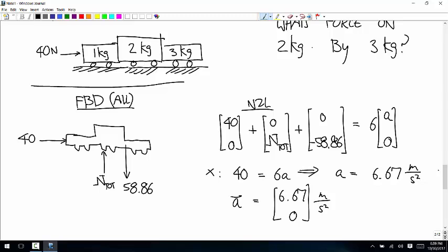So now what we're going to do instead is we're going to isolate the 3 kilogram, which only has one unknown horizontal force, calculate the force on 3 by 2, and then Newton's third law says that's equal and opposite to the force on 2 by 3. Yep. And we're doing it 2 by 3.